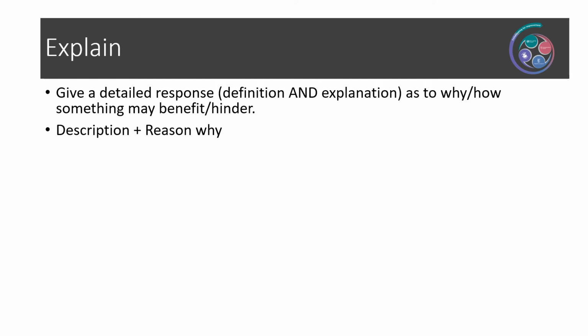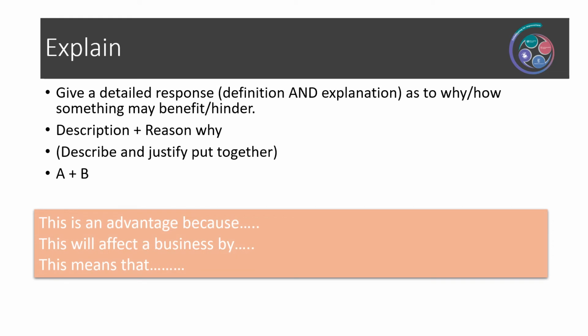So a description plus an advantage, or it could be a disadvantage depending on what you've done. Sometimes it could be describe and justify put together if you're talking about an advantage. You have to have an A and a B part. So you're looking at putting 2 parts together to give you your mark.